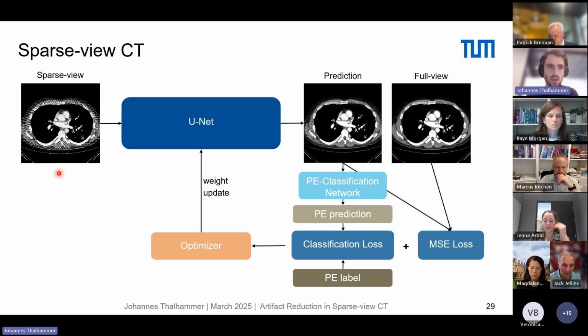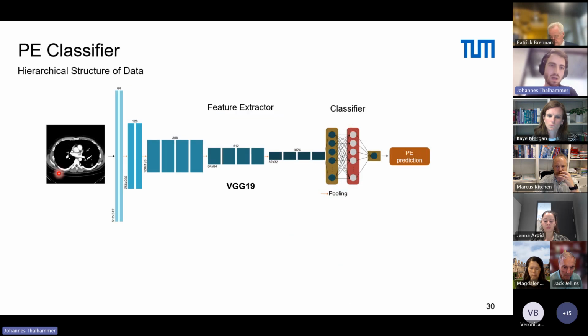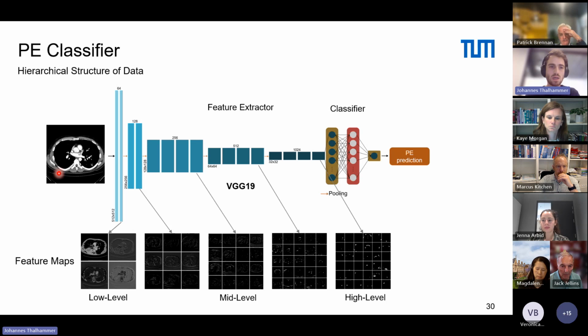And for that, I want to quickly explain how an AI-based classifier works. So in essence, you normally have two parts in your classifier. One convolutional part, also called a feature extractor, which learns a representation of your data and extracts in the first few layers very low-level features, and then combines these features into high-level features.